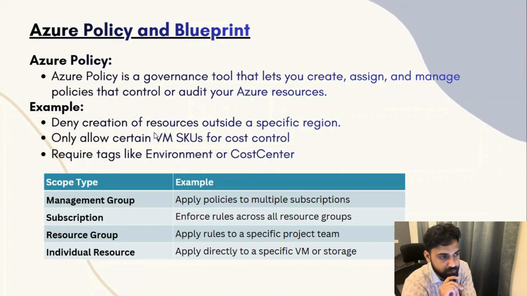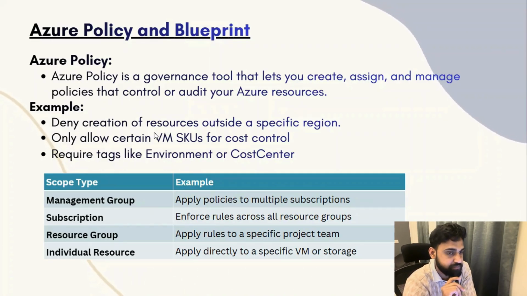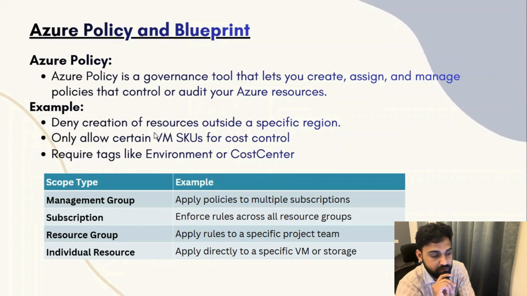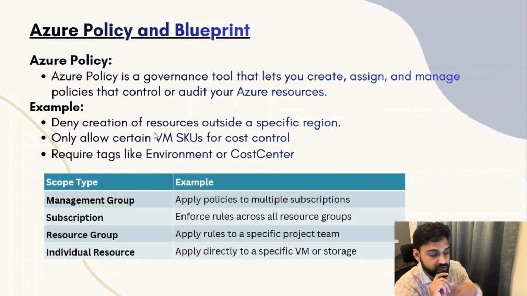So basically, let me take one more example. Suppose you are a product manager, and there are a lot of teams and a lot of developers working under you. They are going to create some services on Azure, like virtual machines. But you want specific virtual machines. You don't want them to create virtual machines with higher prices, like higher SKUs.